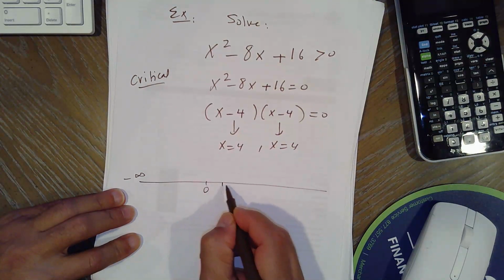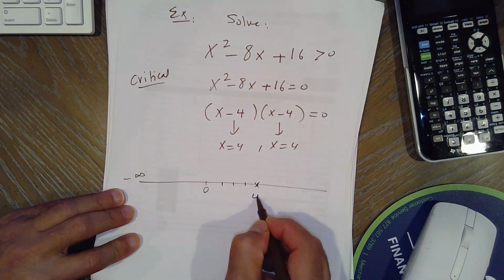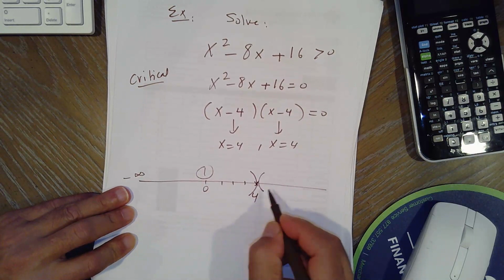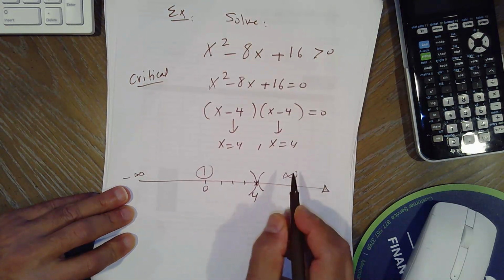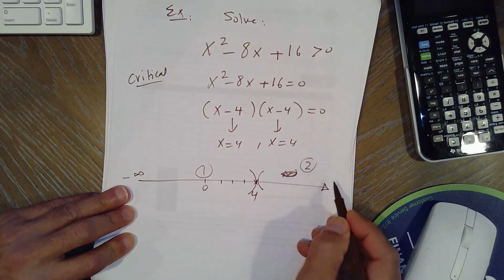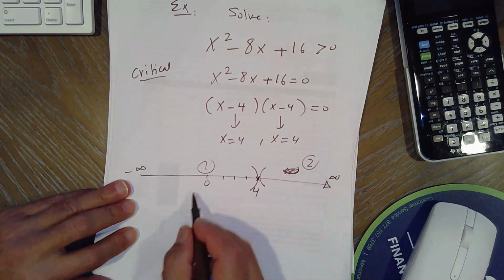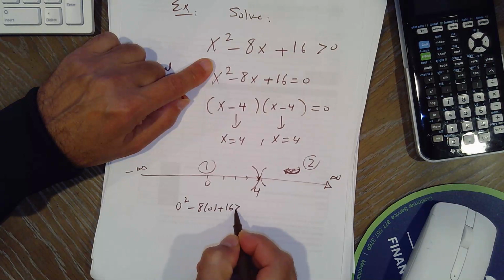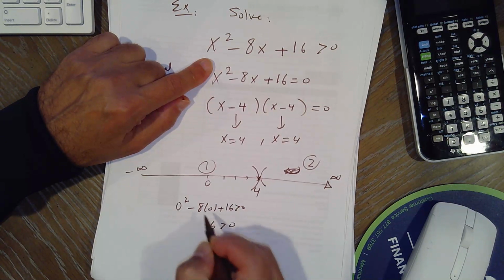There's only one critical value, so there are going to be two intervals, one from negative infinity to 4, and one from 4 to infinity, and these will not alternate. So if you pick 0 and check it, 16 is greater than 0, true.